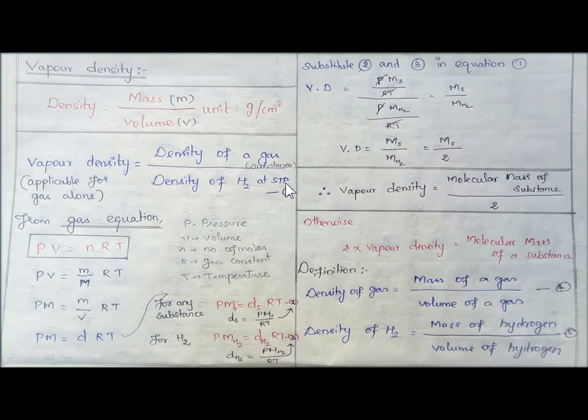Standard temperature is nothing but 0 degree, and pressure is 1 atm pressure. So what is there in our atmosphere, that is called 1 atm pressure. Now, we are comparing the density of a gas with density of hydrogen. In some cases, the density of hydrogen is replaced with air as well.